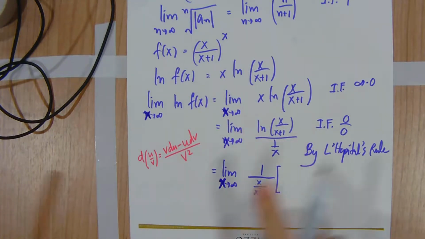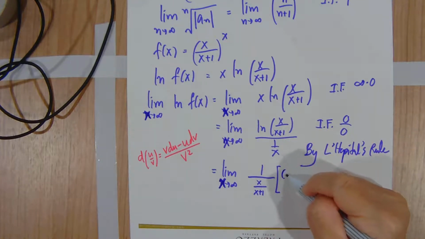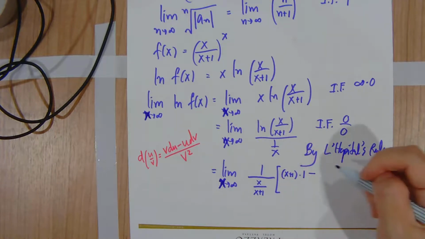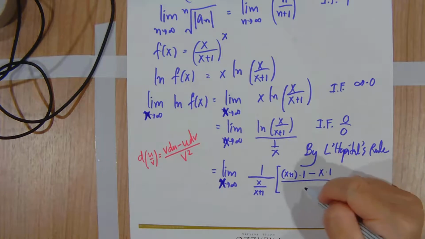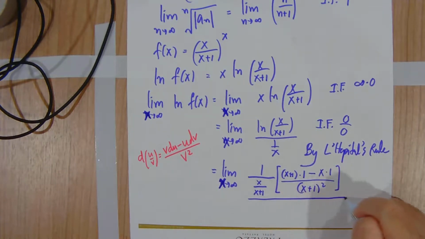So this is the quotient rule. So this equals v times the derivative of the top term, which is 1, minus u dv, and then divide by the bottom term squared. And the derivative of 1 over x equals 1.